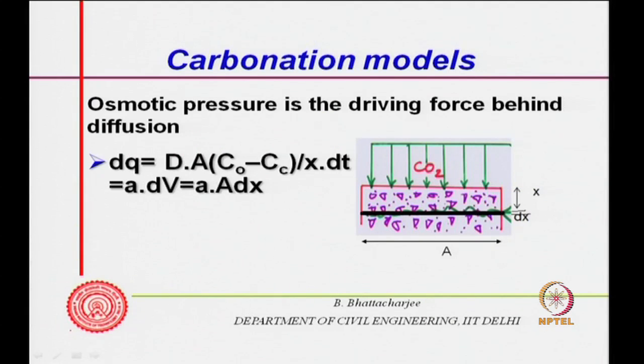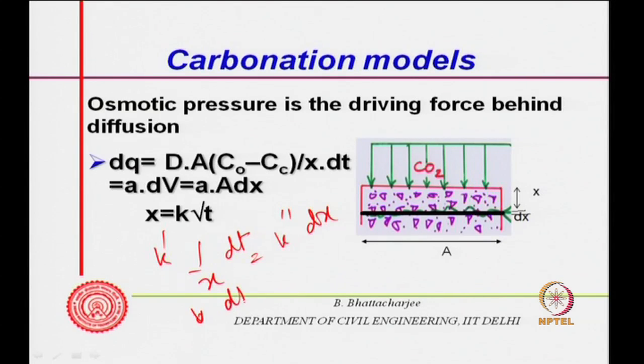So, it must be equal to dq. If it is equal to dq, then I simply integrate this: some constant, that is 1 by x into some constant, let me call it k dash, dt is equal to some other constant, let us say k double dash, dx. So, I will get k, if I integrate dt, and this side it will be some constant, let us say k 3 prime, x dx, integrate it.